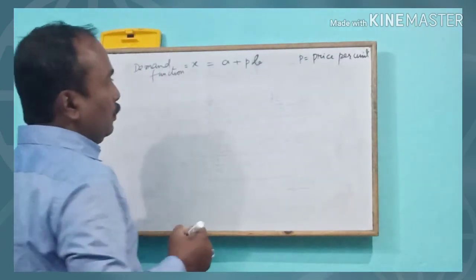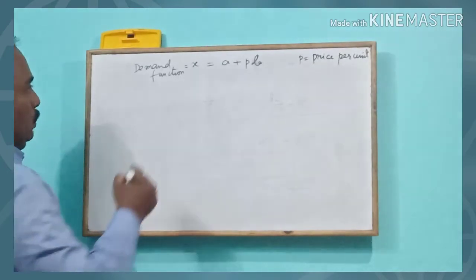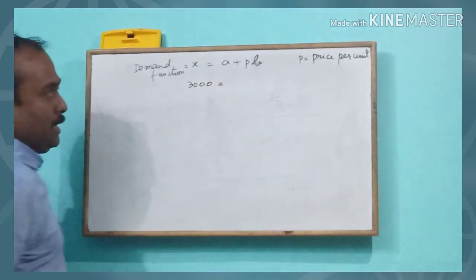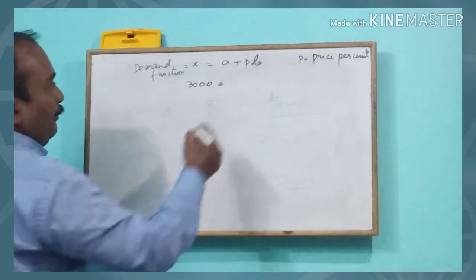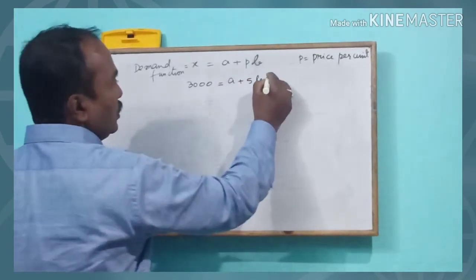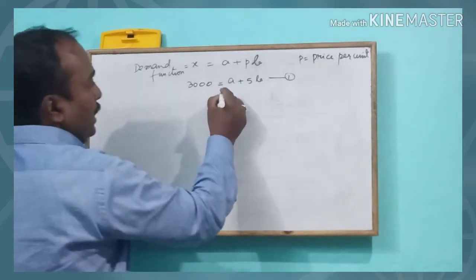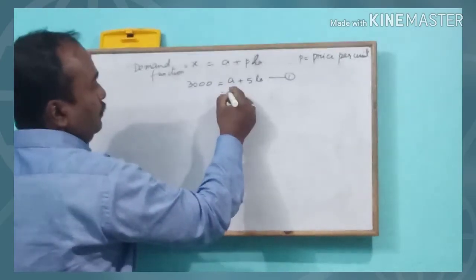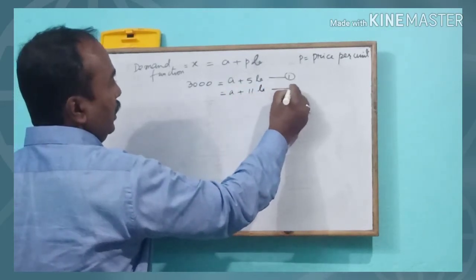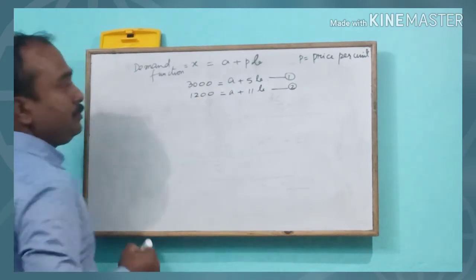Now it is given that when 3000 units are sold, the price per unit is 5. So a plus 5b. This is one equation. And when price per unit is 11, that is 11b, then number of units sold is 1200.